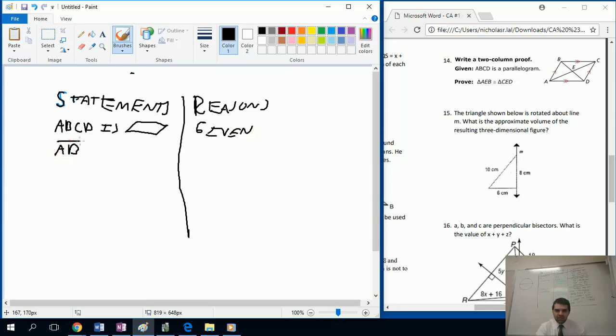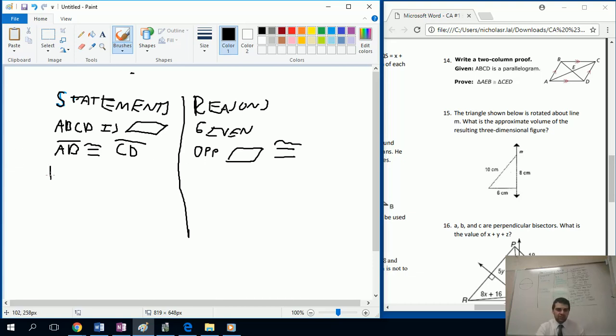AB is going to be congruent to CD because opposite sides of parallelograms are congruent. Look at the picture on your question sheet to see that AB is congruent to CD.